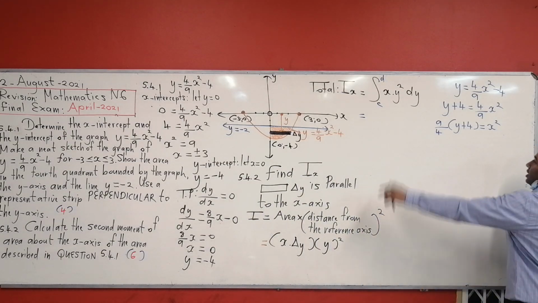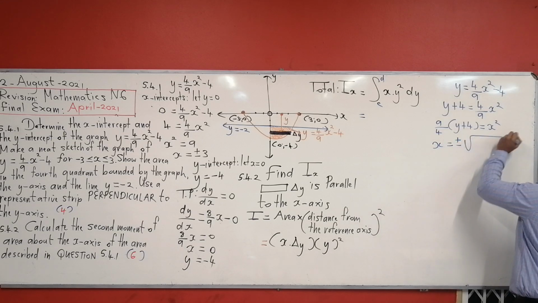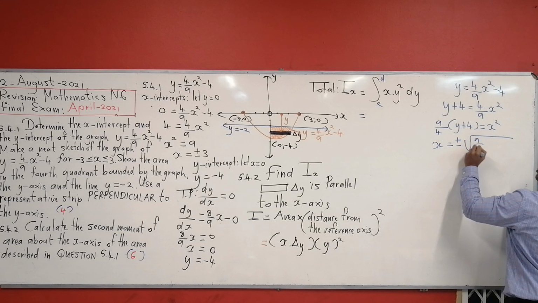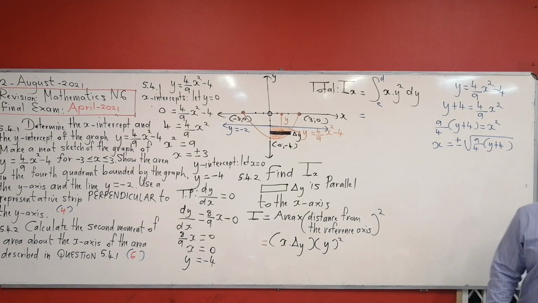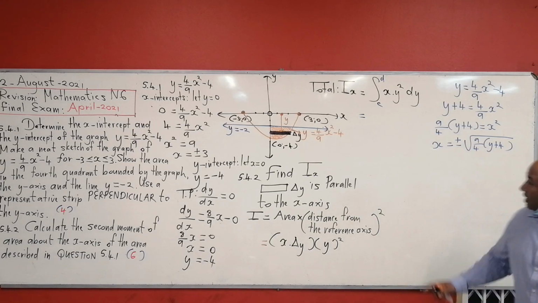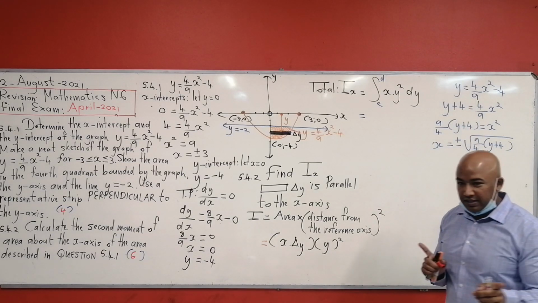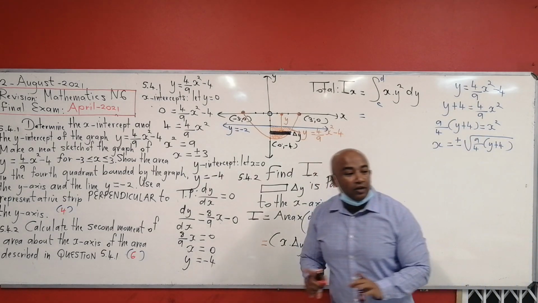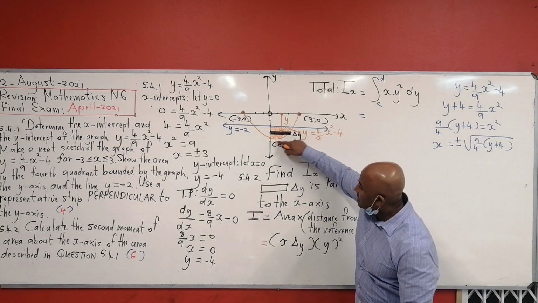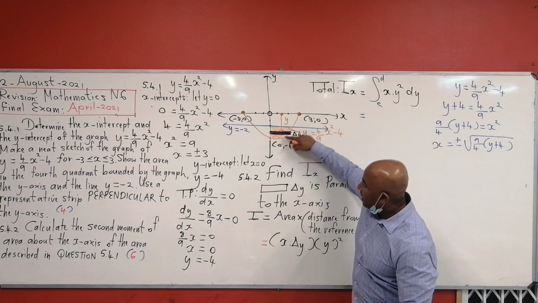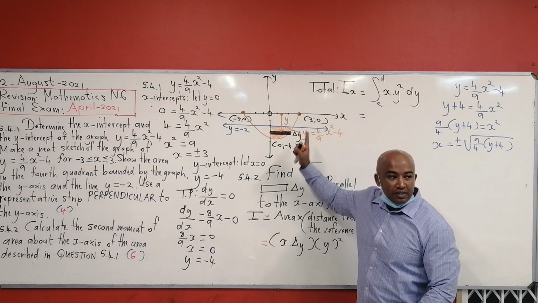Now, x is equal to plus or minus the square root of 9 over 4 times y plus 4. So this is manipulating the formula. Okay. This is the entire parabola, but we are not working with the entire parabola. We are only working with this part here. And in the fourth quadrant, x is always positive.